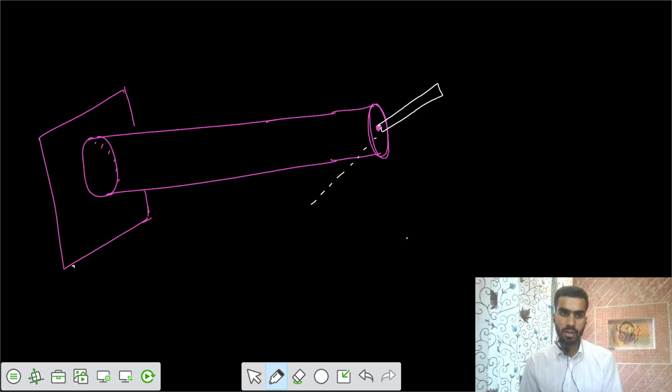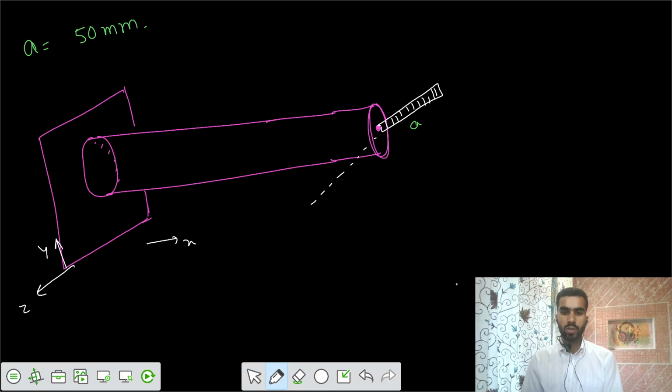So this is your z direction, this is your x, and this is your y. The value of this bracket length is a, and a is equal to 50 millimeter.